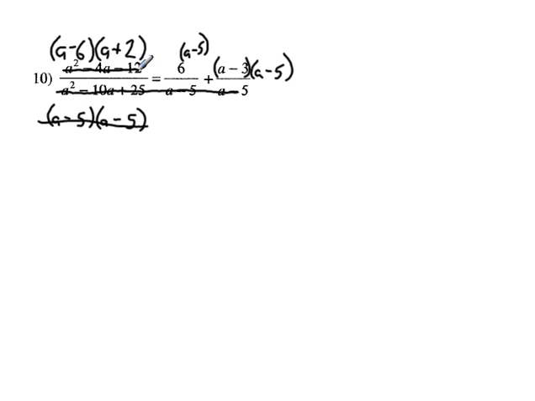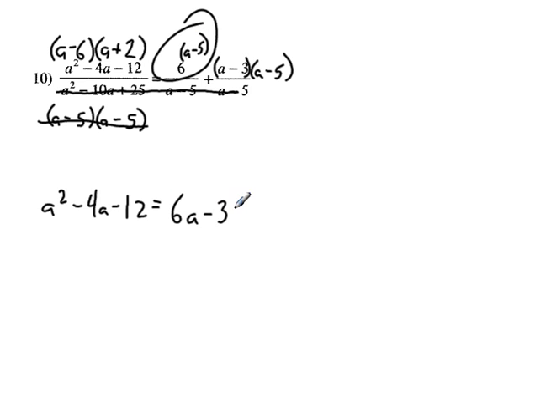All right, so I'm going to ignore this. I'm going to write, you know what, I don't need to ignore that. Actually, I'm going to save myself a step. I'm going to bring that back. On the left side of my equation, I've got a squared minus 4a minus 12 equals, now I'm over here, 6a minus 30 plus, I'm going to FOIL this out.